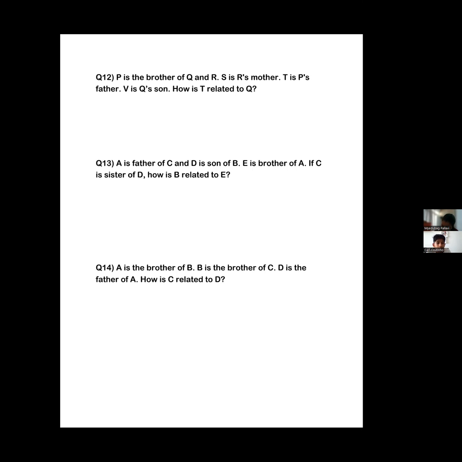And also find the relationship between S and V. What will be S of V? In the same chart, you can just see.